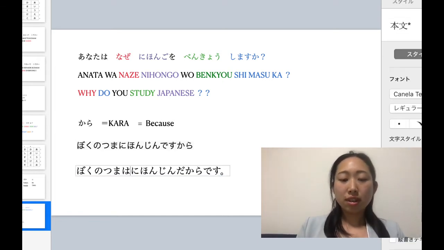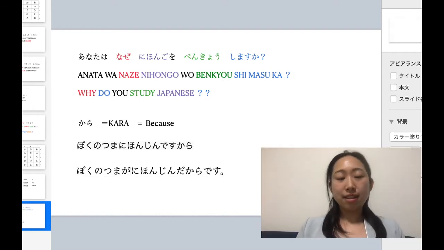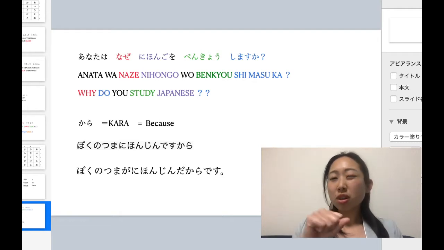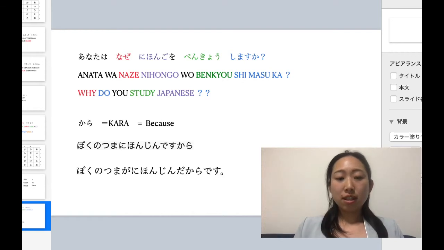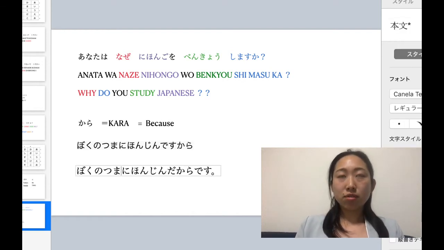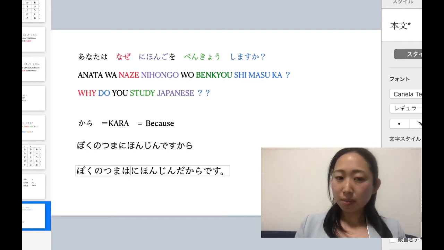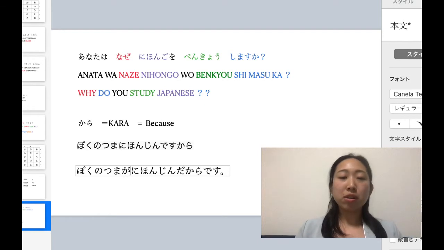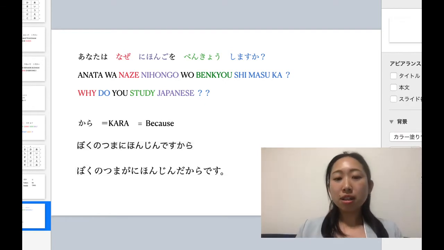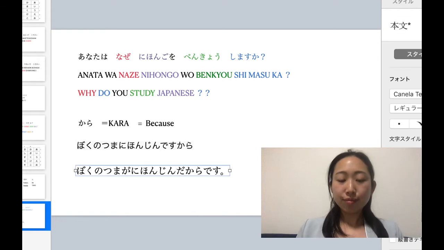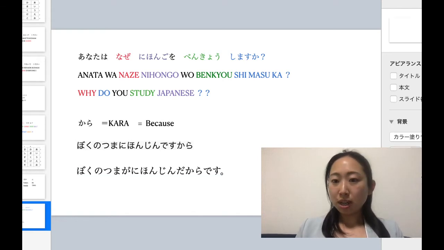Or maybe you can use this が too. 僕の妻が日本人だからです. So make it more stronger and make it a very specific reason. は is not an error, but you can use が a little bit more stronger. 僕の妻が日本人だからです. Okay?